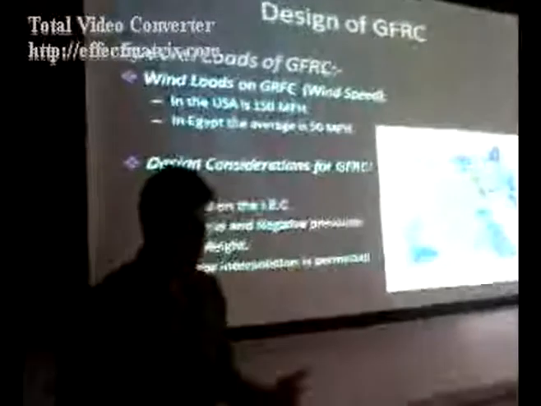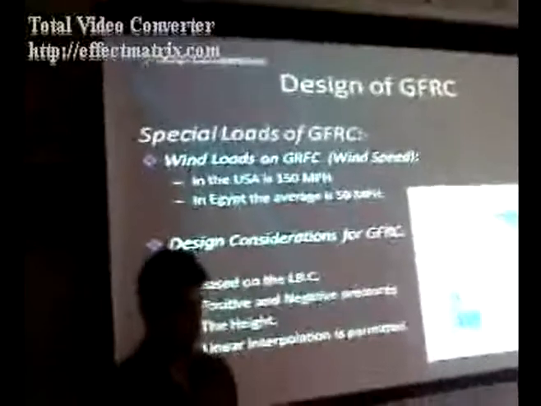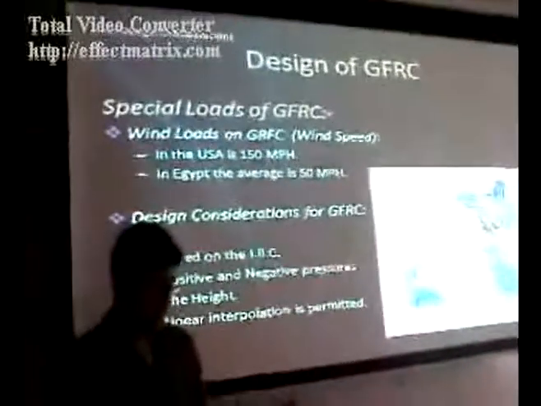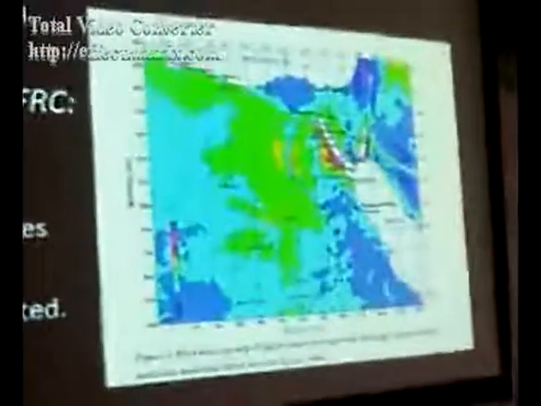Wind loads also play a really big role, though not as much in Egypt. In the US the wind speed could reach 150 miles per hour, but in Egypt the average is 50.